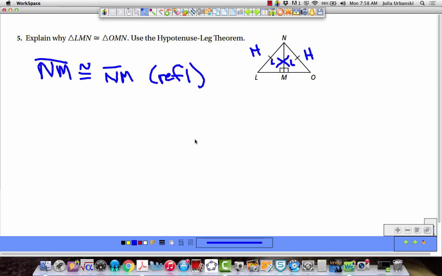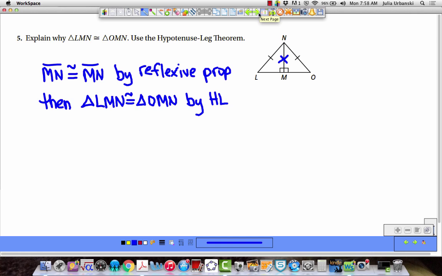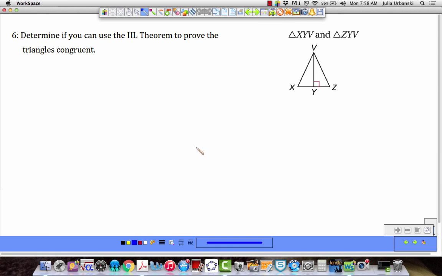You could write out more of an explanation, but your test is not going to include writing an explanation. Your test is going to include just a 2-column proof where everything's organized and set up. Number 6. What are you given, first of all? Right triangles, right angles. So you know you have your right angles.